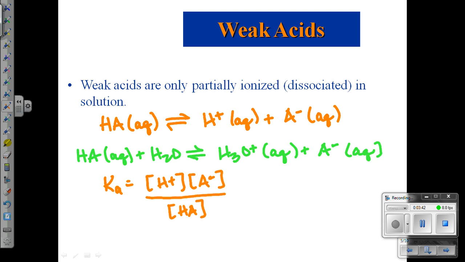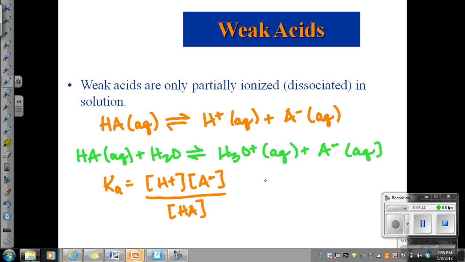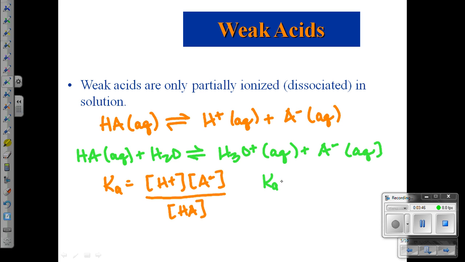If I do the same for the second reaction, I'm going to have the hydronium ion, because I'm doing concentrations of products multiplied together, raised to the power of their coefficients. I'm not going to include water because that's a pure liquid, so that's omitted from the expression.